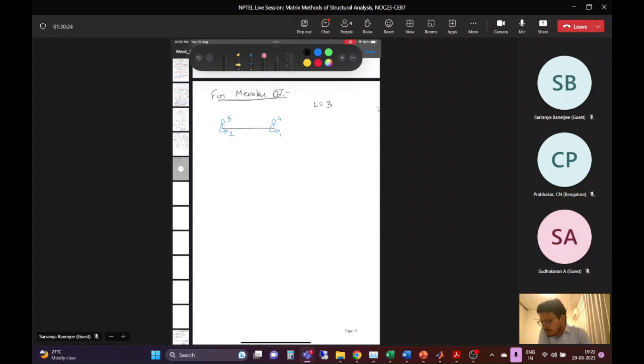L equals 3 in this case. Next week's problem is a little bit simpler in terms of the geometry. Again we are keeping a dividing factor of 18 because later on we'll combine the two stiffness matrices, so we just want EI by 18 outside.